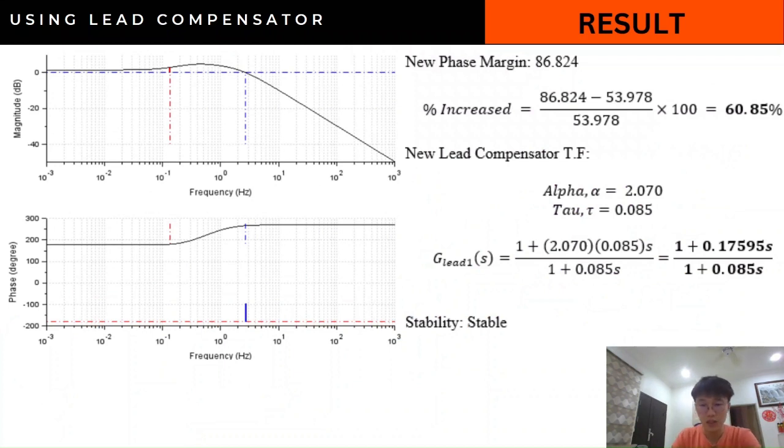So after that, we will input the phase margin into our predefined Scilab coding, and we get a new phase margin of lead compensator is 86.824. And after we calculated, we get the percentage increase is 60.85%, which is too large from our ideal percentage increase.